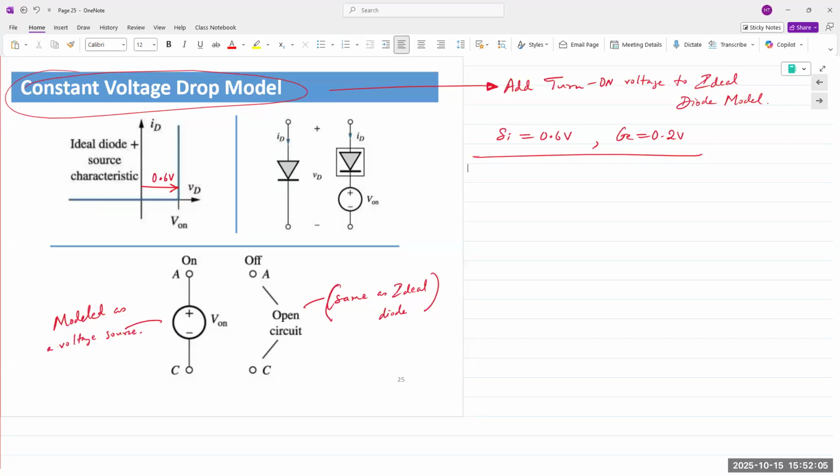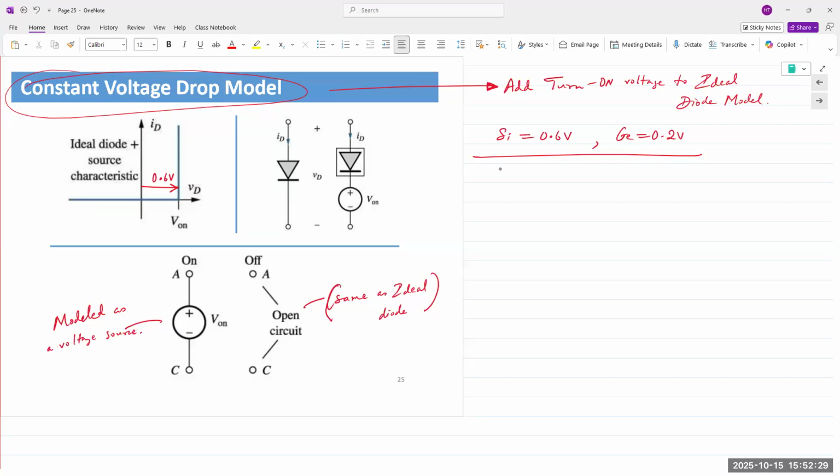The anode must be higher than the cathode by at least the turn-on voltage. If it's 0.6 and 0.6 at both ends, then it's 0 volts across the cathode and the anode, which means it's not going to turn on.